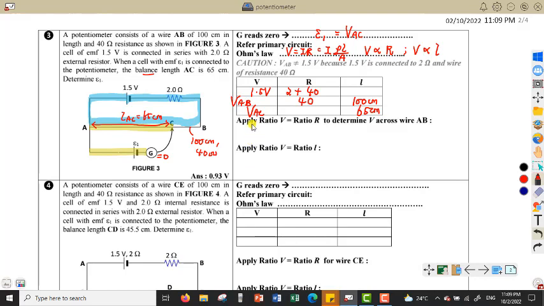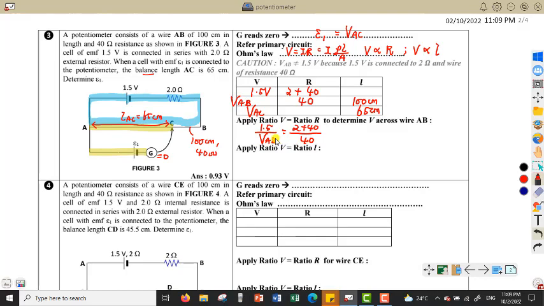Okay, so first we have to apply the ratio of V equal to the ratio of resistance to determine the voltage across the whole wire first. Okay, so we are going to have 1.5 over VAB. So that one will be equal to 2 plus 40 over 40.